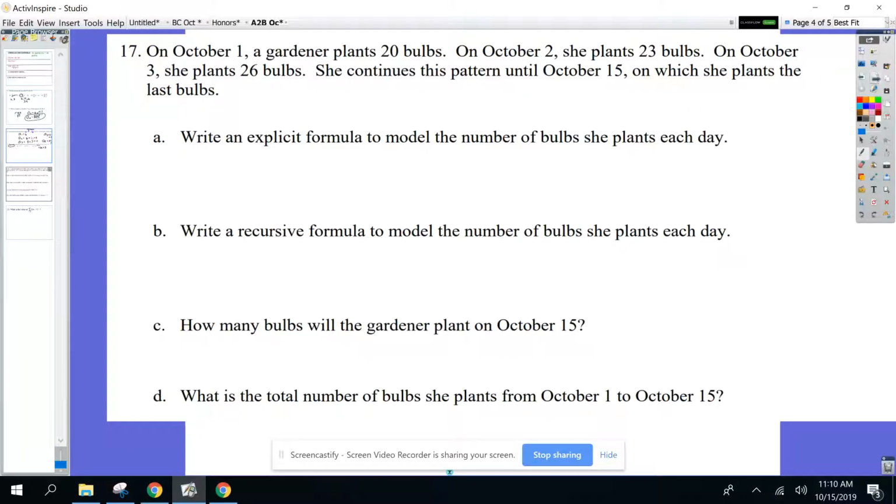Number 17. I'll give you guys a couple minutes there just to read it, soak it in, process.